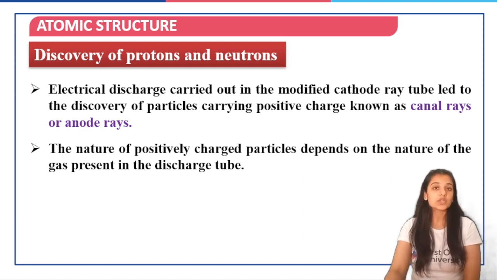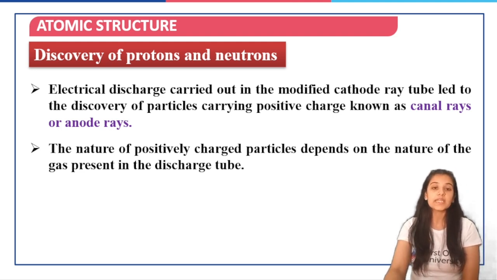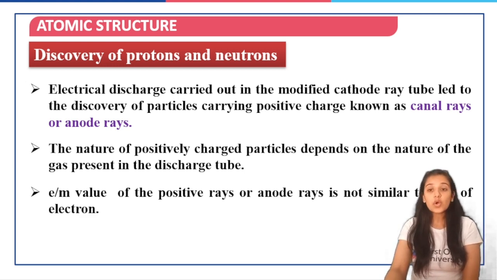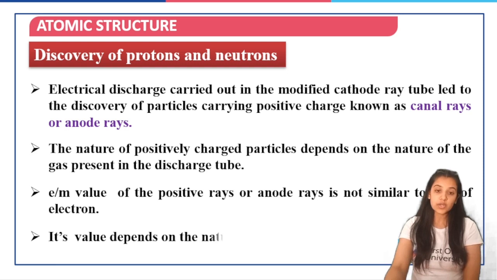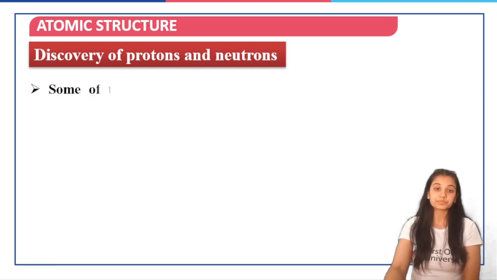As we saw, the cathode ray particles did not depend upon the nature of the gas that was present, but the anode rays are going to depend upon the nature of the gas which is present. The e/m value of even the positive rays or anode rays was found to be not similar to that of the electron, and its value actually depended on the nature of the gas.